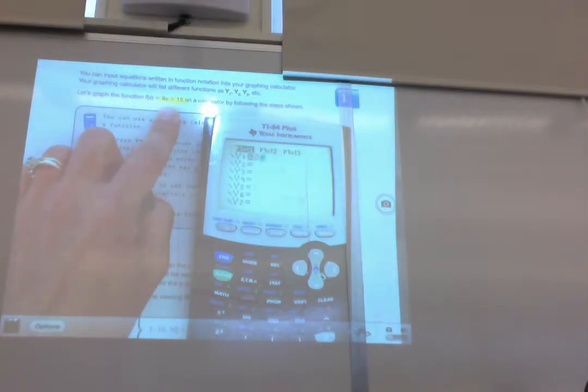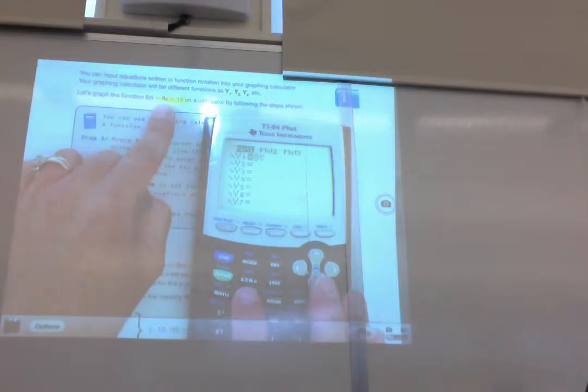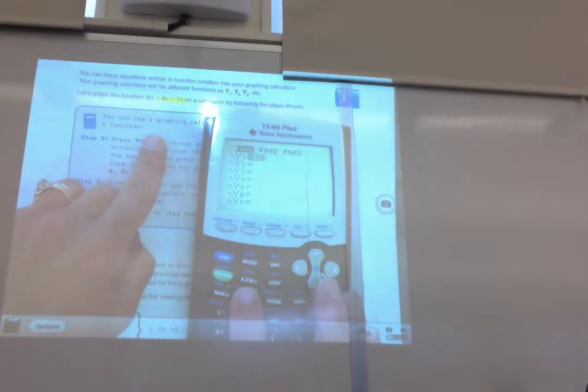Find 8. Push 8. The second thing you're going to push is something that makes a symbol for x. And up here on my calculator, it's the second over and second down. It's right next to the green button. It says X, T, theta, n. It means variable. Push that.